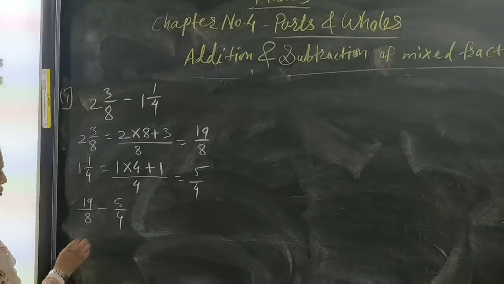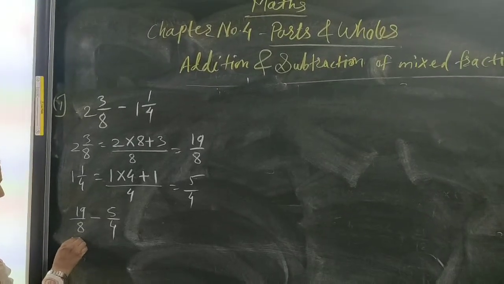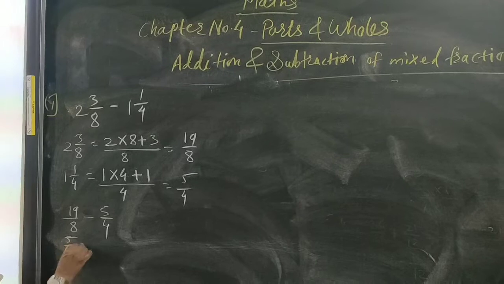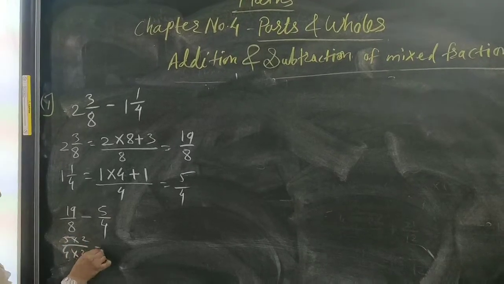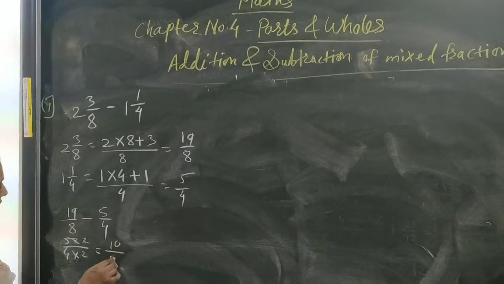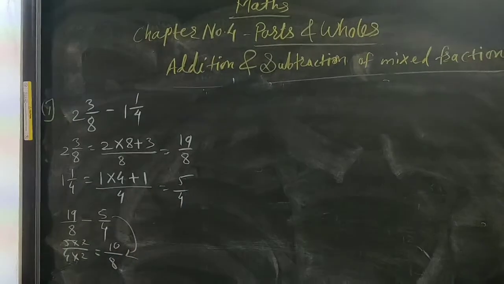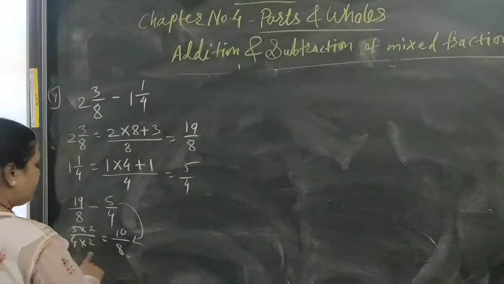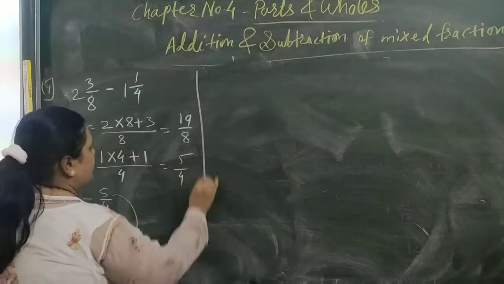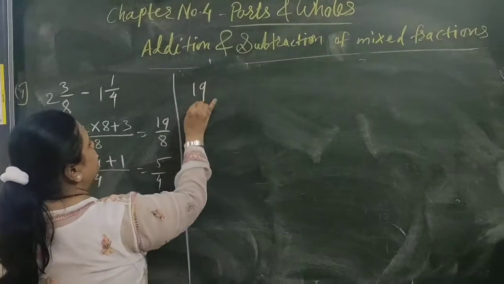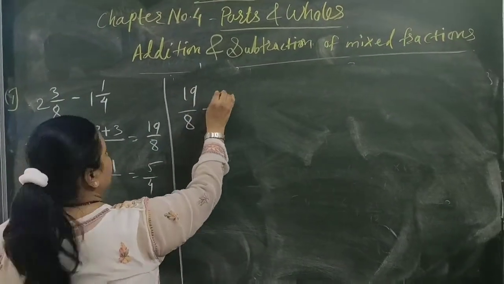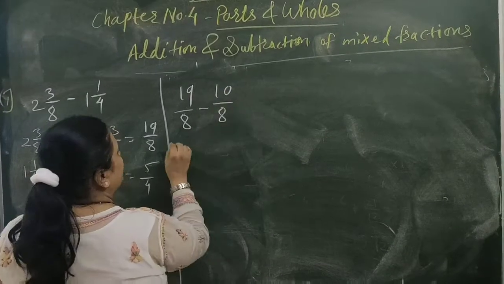So here 5 by 4 we will multiply by 2. So 5 2s are 10 and 4 2s are 8. So this is the equivalent fraction of 5 by 4. So we can do the subtraction now. See here, 19 by 8 as it is minus 10 by 8. So 19 minus 10, 9 by 8.